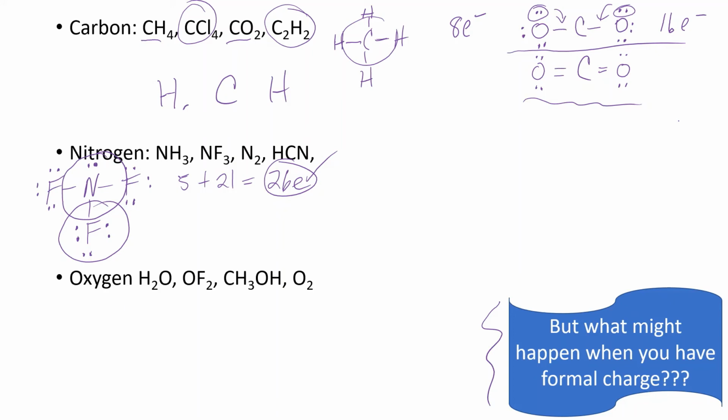We can move on and try another one. Let's go for N2. Let's do N2. This one's kind of interesting. I remember it giving me a hard time when I first tried to do it. Okay, so NN, how many valence electrons? 5 plus 5 equals 10 electrons.